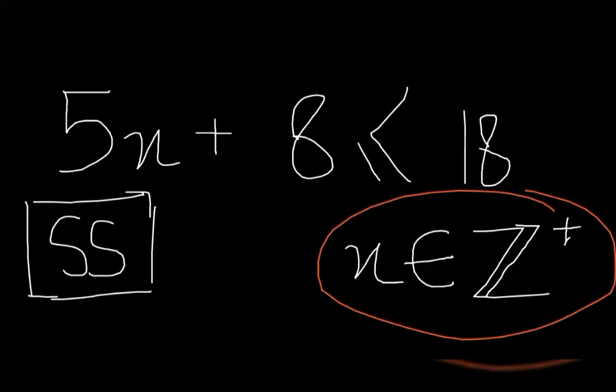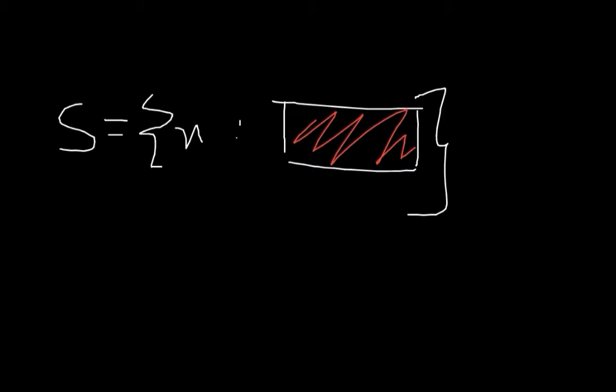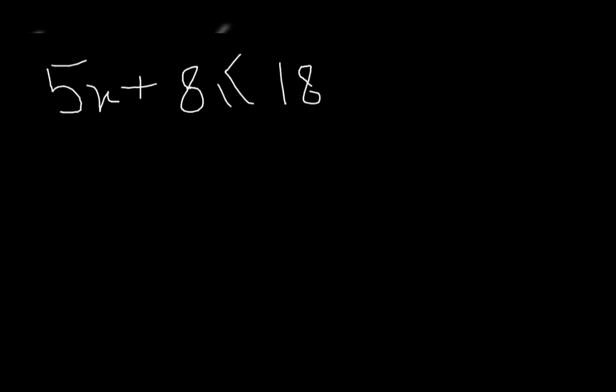Can you see this question? Now, how to solve it in your exam? You should always write 5x plus 8 less than or equal to 18. First write the question in your exam. Then you shift it, you don't step jump.